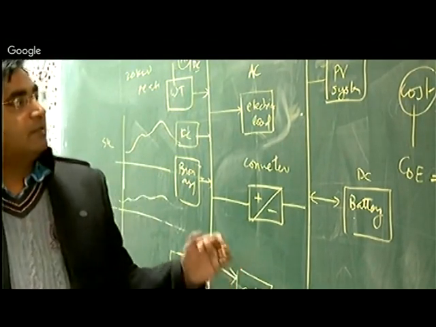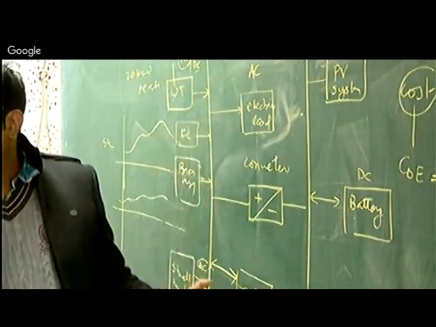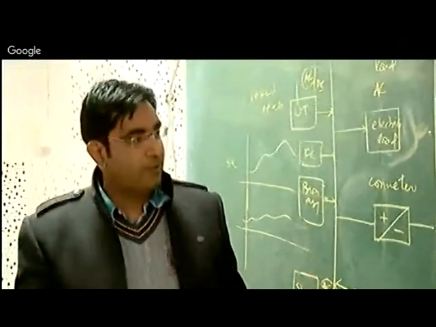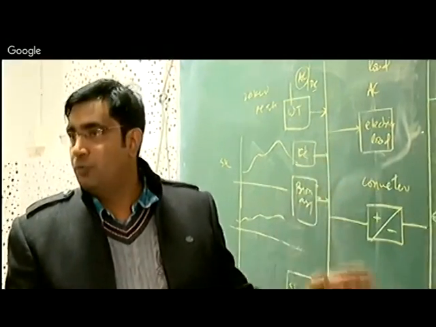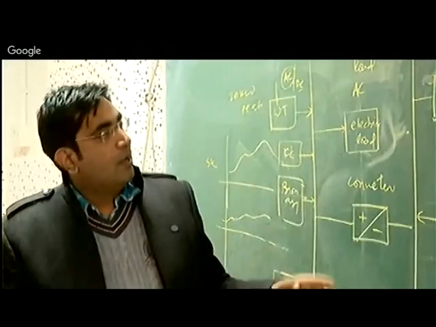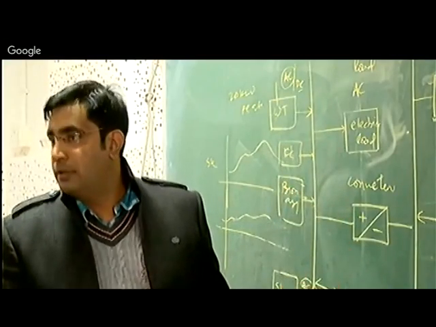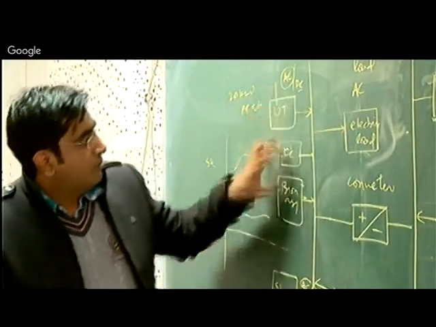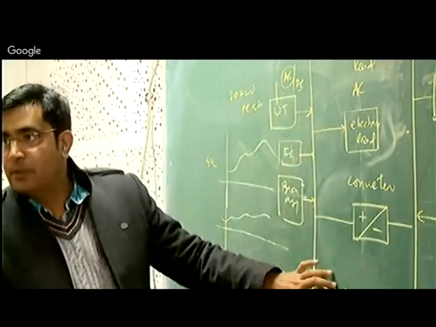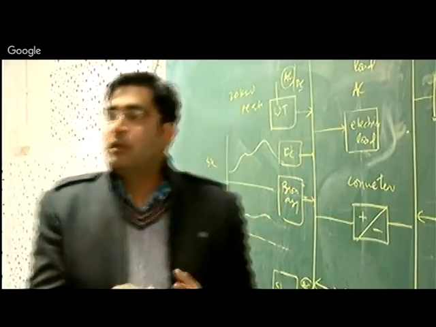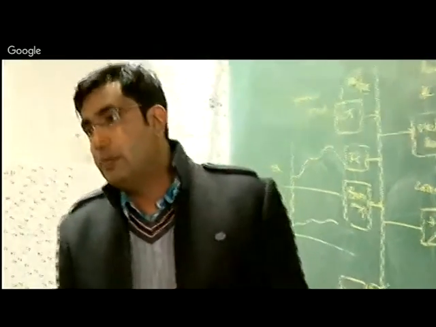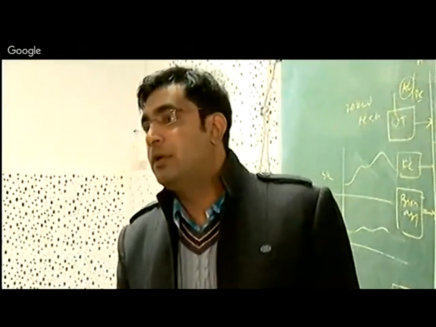So this software tells us, first thing, what is the capacity of the system we need to feed the load and meet that load demand, and what will be the cost analysis. Suppose I choose all the components in a system, and again I want to make a comparison: if solar is economical, wind is economical, and finally biomass is economical.